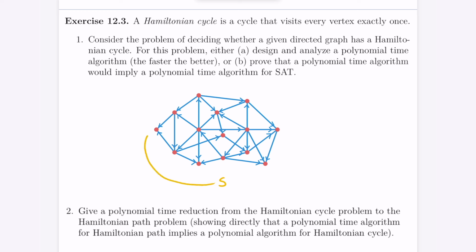Yeah, so this one's pretty simple. You add a vertex S that's connected to everyone and everyone's connected to it. So these are really bidirected, but okay. And so what's the idea?